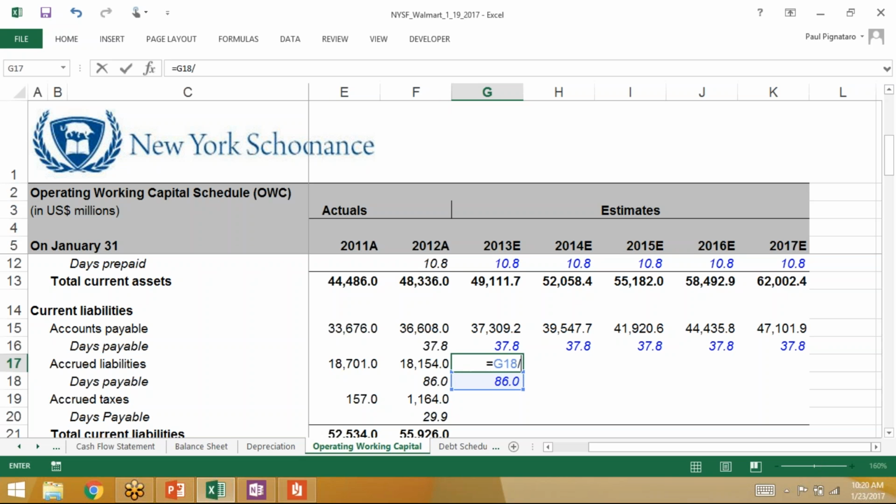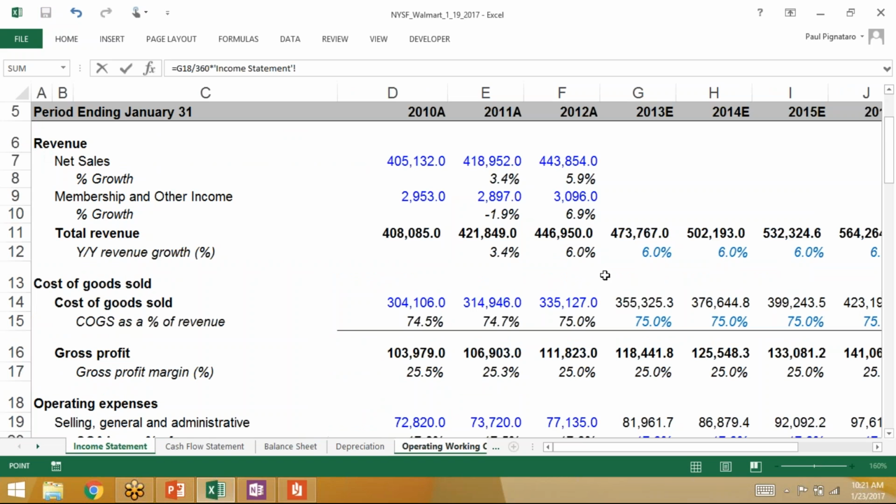Accrued liabilities, days divided by 360 times. What do we link that to? What do we focus on? SG&A.